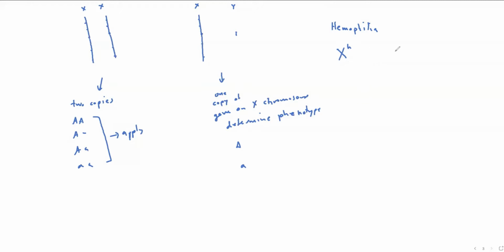The X chromosome without the hemophilia gene is often depicted by a little plus sign. Plus sign means that you've got the normal wild type gene, right? This is the X chromosome with the hemophilia gene. This is the X chromosome with the normal gene.